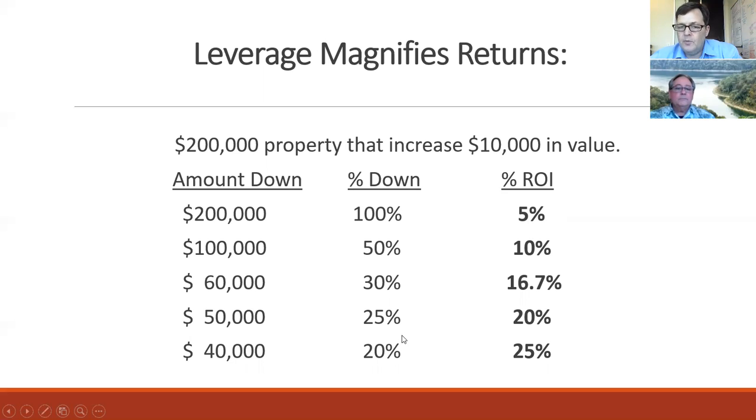Now, going further, if you put 25% down or $50,000, that $10,000 growth turns into 20% return on your $50,000 investment. So as you put less down in the property, your growth in the property through appreciation provides a higher return on the amount of money you have down.